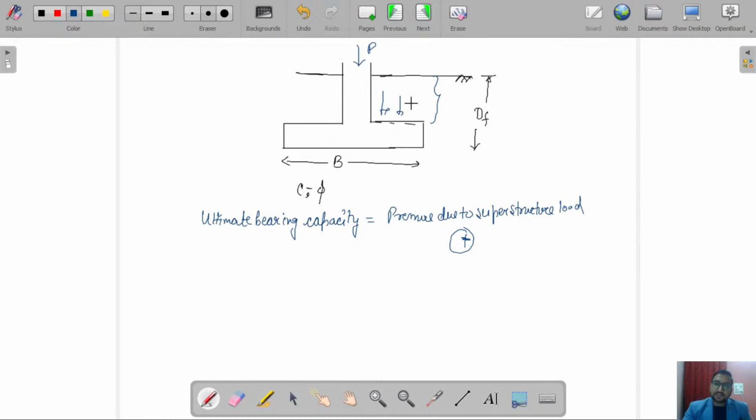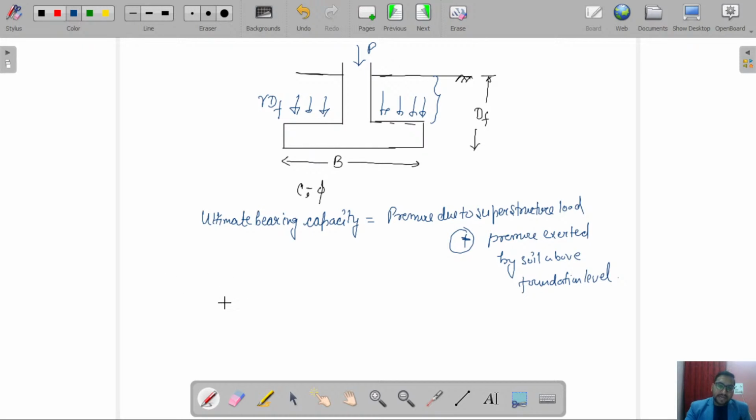The soil will also exert some pressure here, equal to gamma into Df. If gamma is the unit weight of soil, this depth of soil will also exert some pressure on this foundation. So it is the pressure exerted by soil above foundation level plus the superstructure pressure. This is our ultimate bearing capacity.